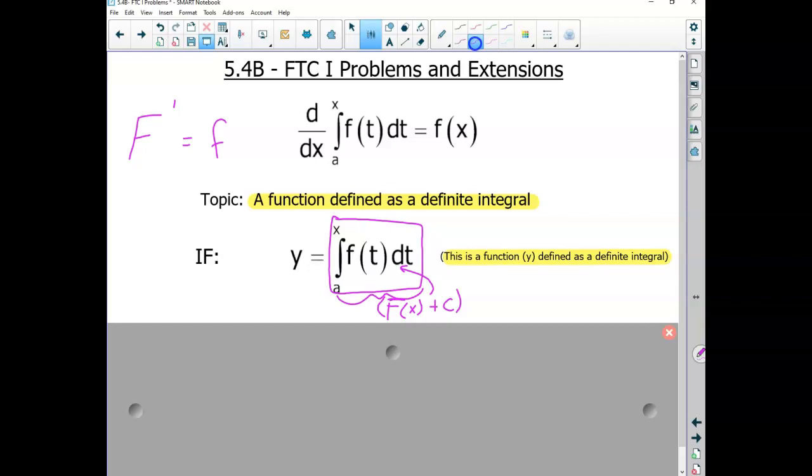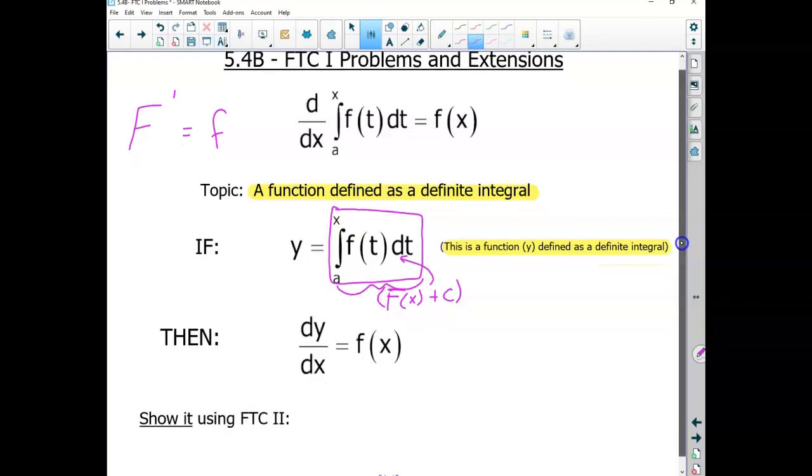So if y equals the integral from a to x of f of t dt, then what happens?